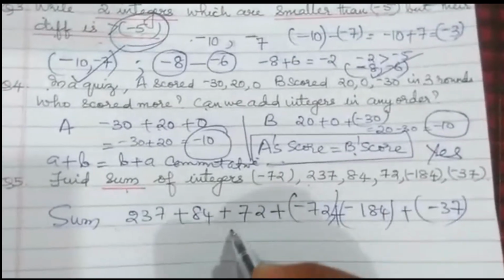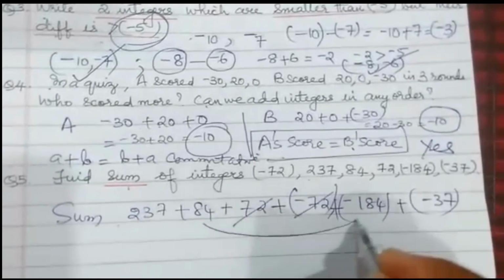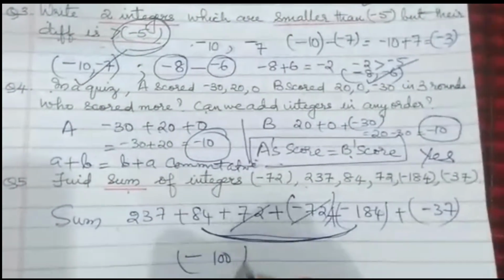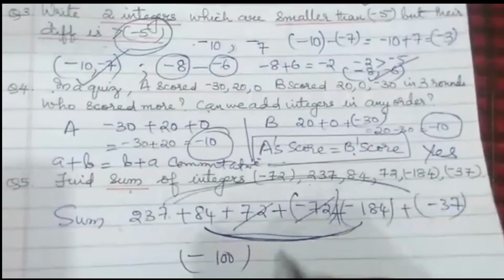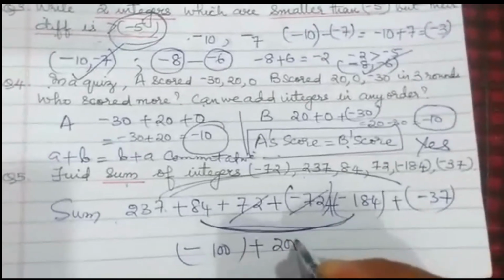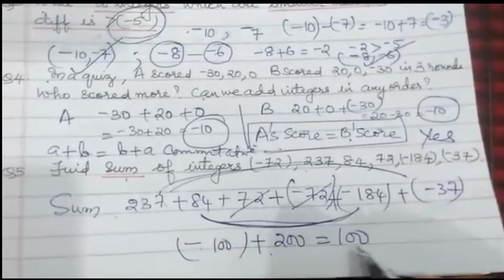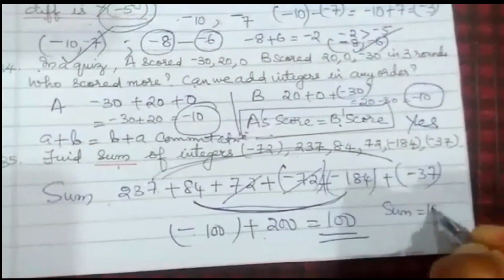It's easy, plus 72 and minus 72 cancel out. Now here these two, if you add up, it is minus 100. Then these two you can club: 237 minus 37, that is plus 200. What is it? 200 minus 100 is 100. Put the sign of the greater, that is plus. So the sum is equal to 100.